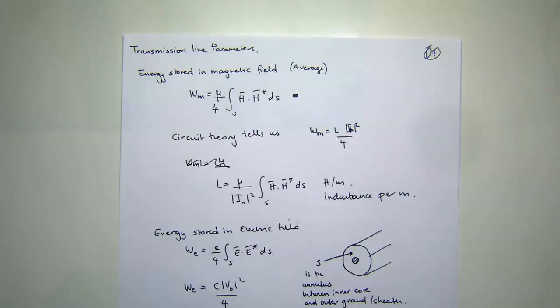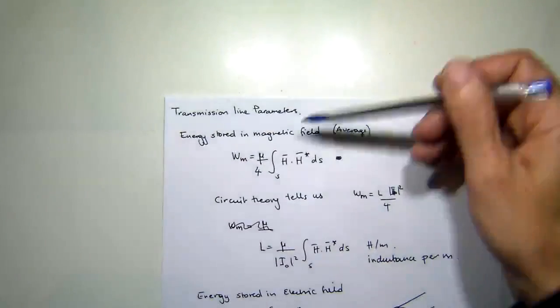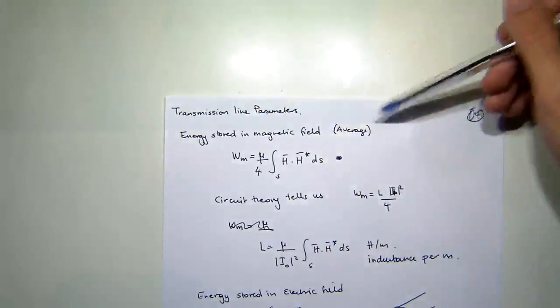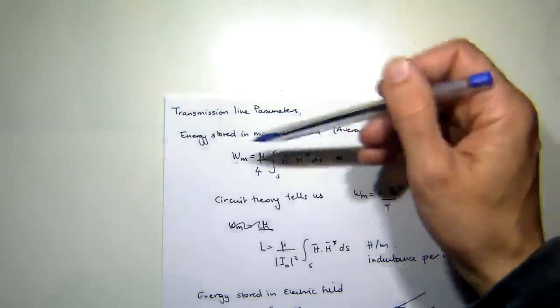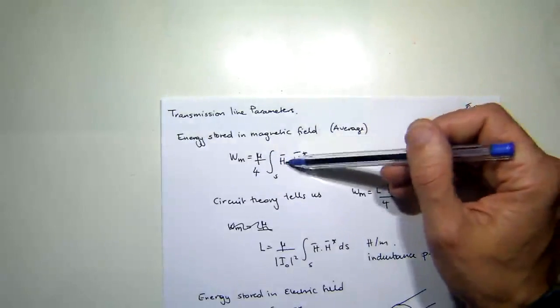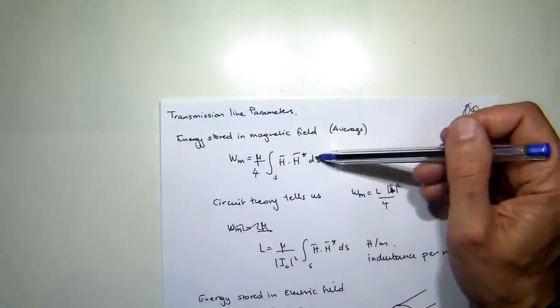Okay, so we know, and we talked about this briefly, that the average energy stored in the magnetic field is equal to mu times some constant, essentially the H field squared over a surface.